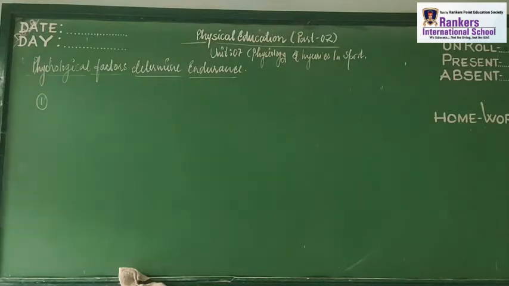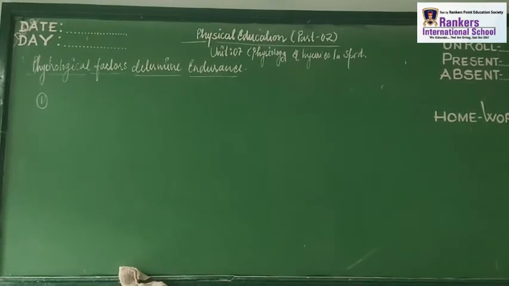So the very first thing that we need to know is, basically when I started to talk about endurance, we have to see that sometimes it is short-term endurance, sometimes long-term endurance, and it is related to the cardiac output, or to the respiratory system, right?